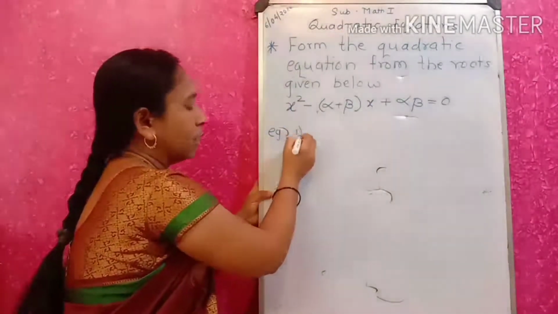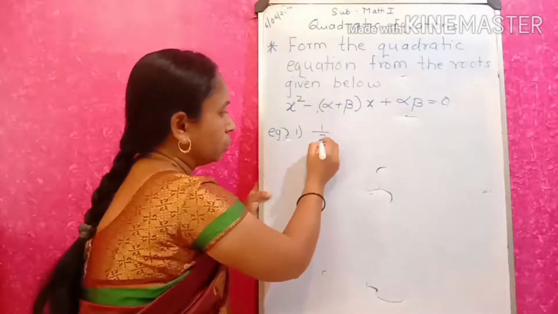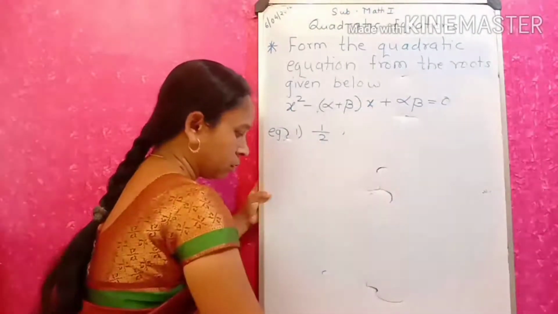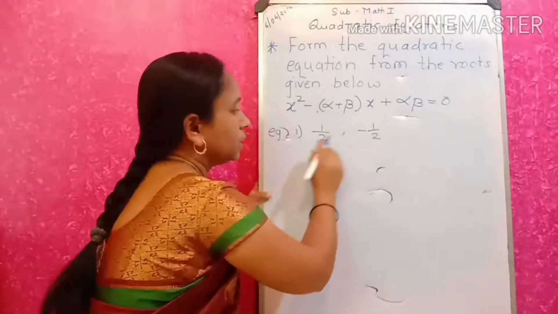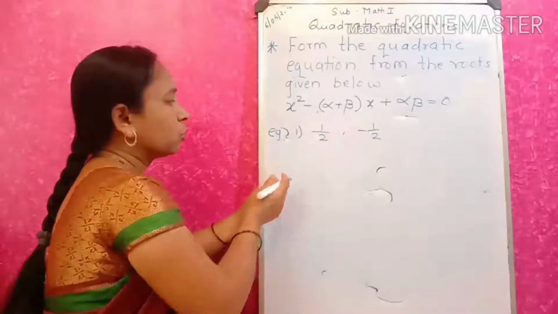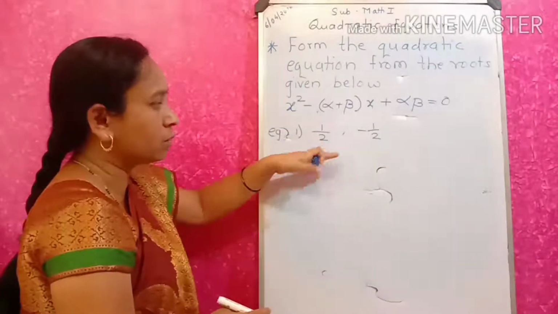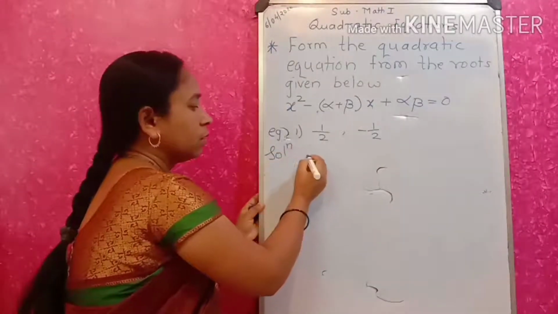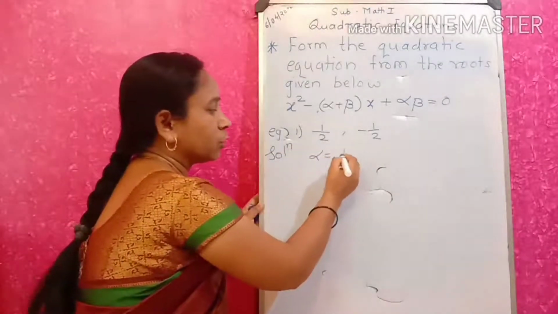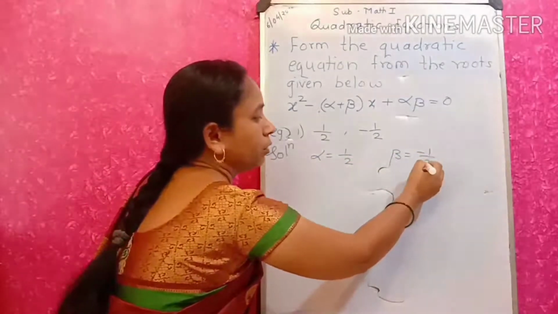Example number 1. Suppose 1 upon 2 and minus 1 upon 2 are the 2 roots. So you have to form the quadratic equation by using these 2 roots. Solution: here alpha is equal to 1 upon 2, beta is equal to minus 1 upon 2.